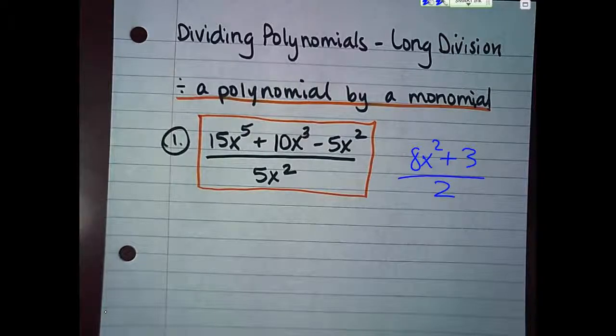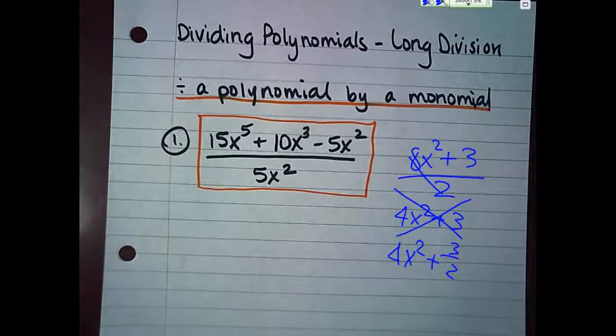Sometimes kids make a mistake and think that since this can simplify, they'll write the answer as 4x squared plus 3. That's false. You have to divide the 2 into both. You could write it as 4x squared plus 3 halves. The 2 goes with both sides, not just with one. You have to be careful of that.